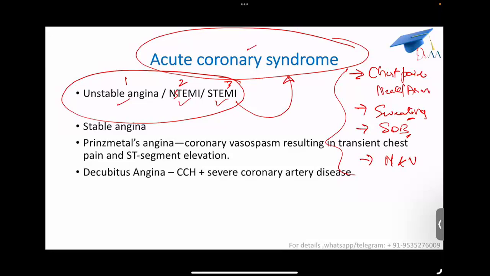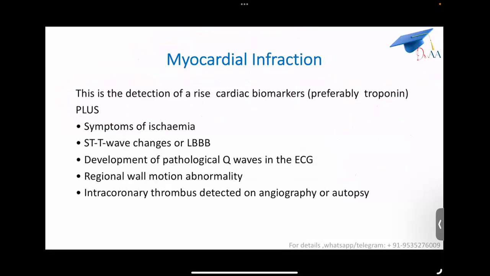What is the difference between unstable angina, NSTEMI, and STEMI? Before this, let's see the definition of myocardial infarction. The proper definition requires elevation of cardiac biomarkers. Mainly, we are talking about troponin. This is the preferred one nowadays, followed widely in the NHS, and also followed widely the world over.